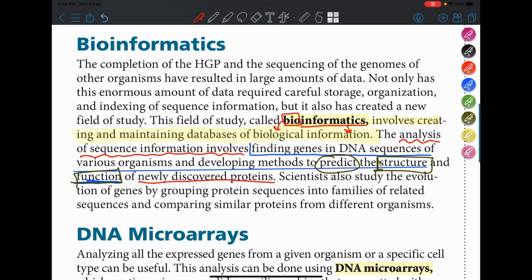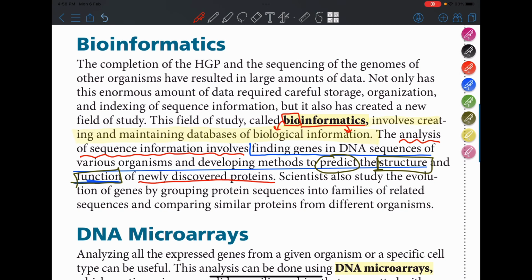The analysis of sequence information involves finding genes in DNA sequences of various organisms, not just humans, and developing methods to predict the structure and function of newly discovered proteins. We use the analysis of these sequences to predict the structure and function of newly discovered proteins.